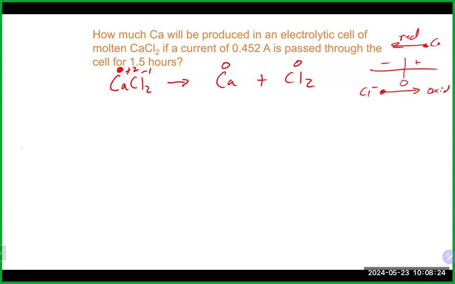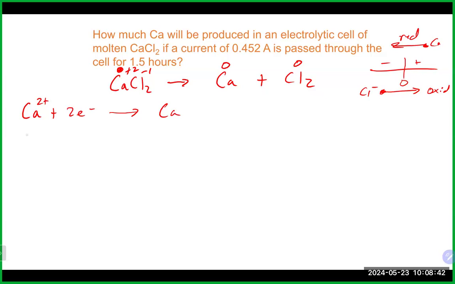So for our half reactions, our calcium is gaining a couple of electrons and going to make calcium on the other side.